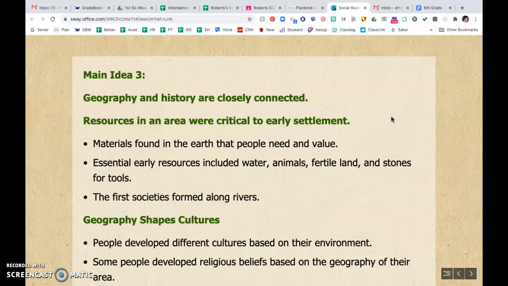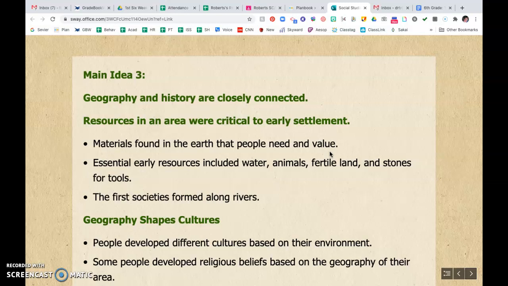So how are geography and history related? Well, to figure that out, you begin with resources in an area that were critical to their early settlement. In every civilization we talk about, we're going to discuss this. So the materials found in the earth that the people need and value would be an example of some of those early essential resources.